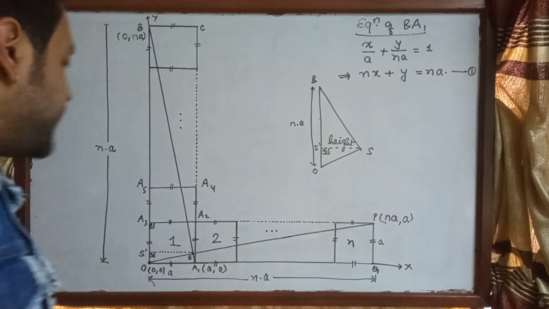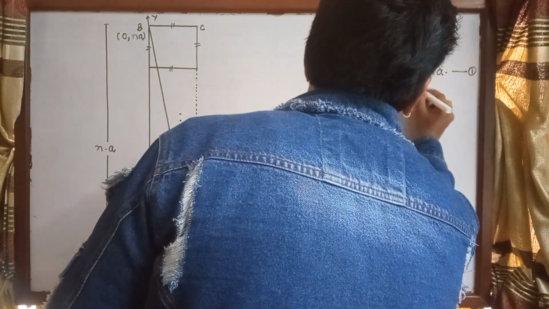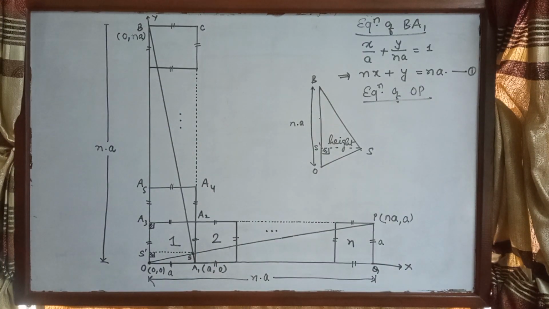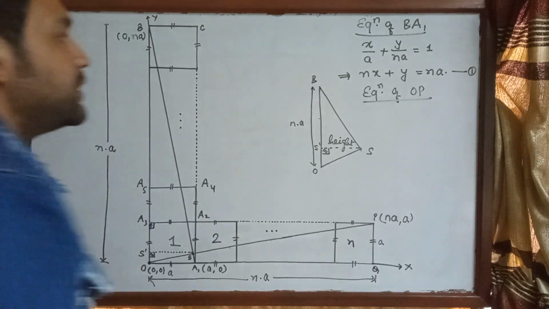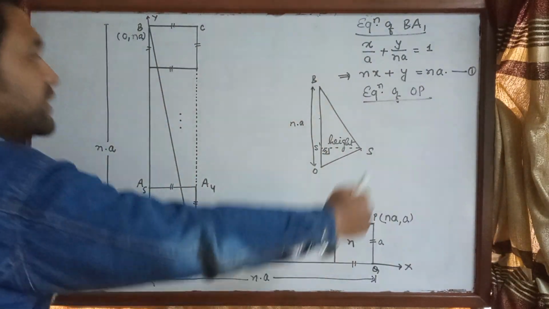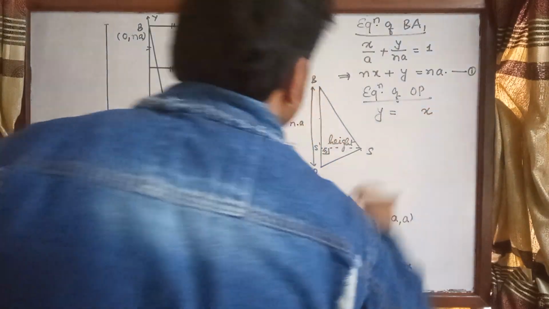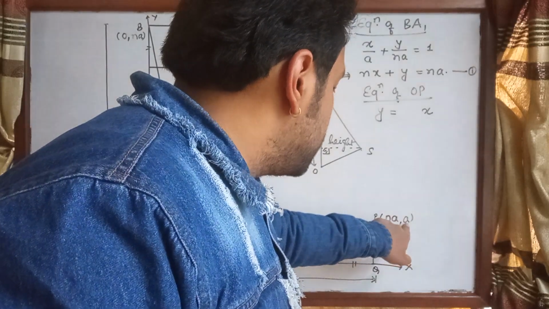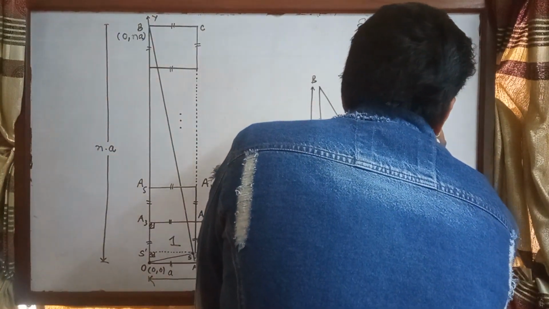Now we can find the equation of OP. Since the line passes through the origin and is not parallel to the y-axis, it takes the form y equals mx, where m is given by a over na, which is 1 over n.